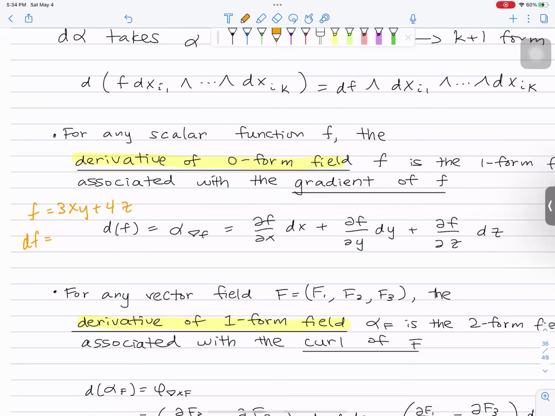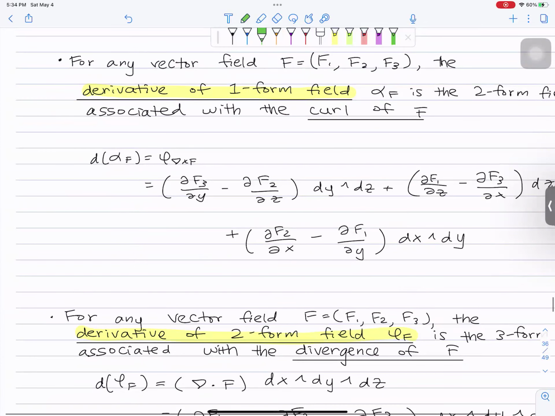How do I do that? Well, it's equal to the partial with respect to x dx plus the partial with respect to y dy plus the partial of z dz, right? That's the derivative. Actually, let me not do that. Let me do a wedge example so it's more clear.